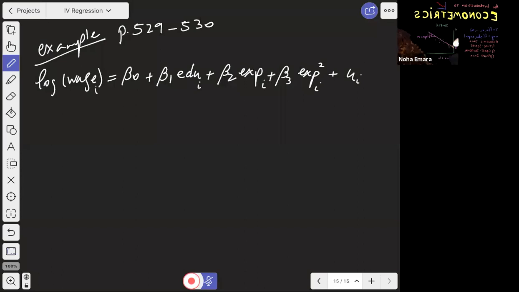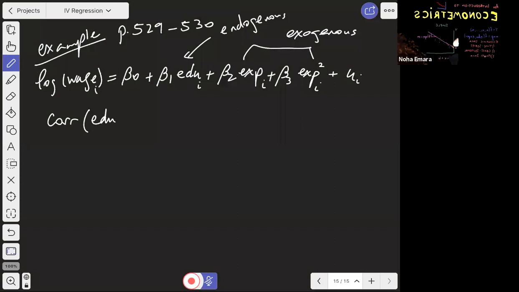And the assumption is these two are exogenous. So this is by assumption, okay? This is a problematic variable and is endogenous. What do we mean by endogenous? By endogenous, we mean that we expect that the correlation between education and the error term is not equal to 0, okay? So when you think about this variable, which is education, you think about other factors, right?